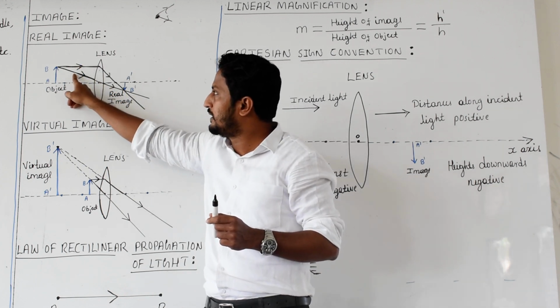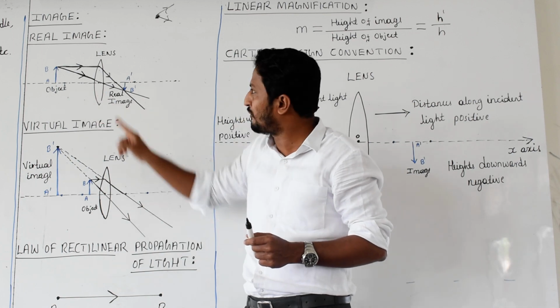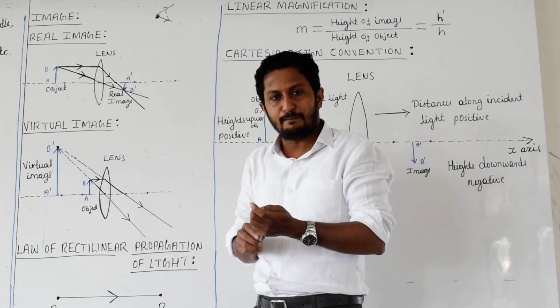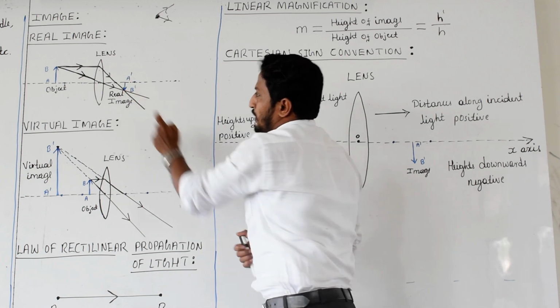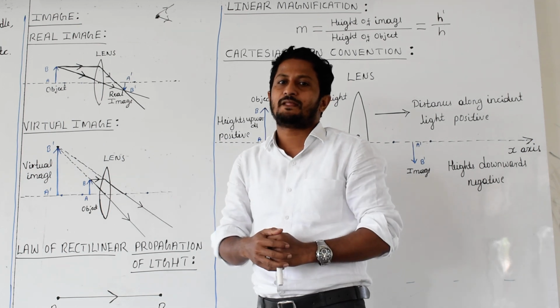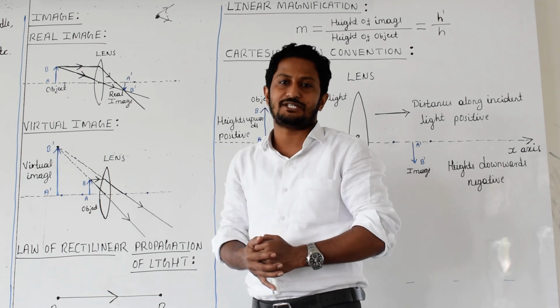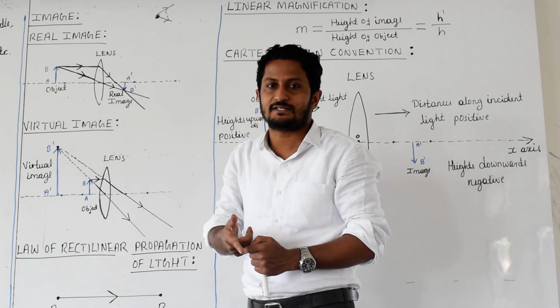These two incident light rays, after refraction from that lens, merged. I mean they met here at this point. That intersection point we call an image. Here that point we call image.